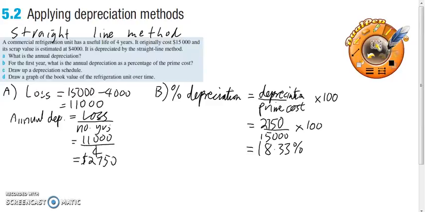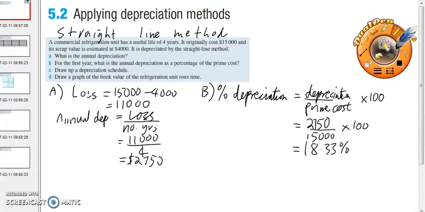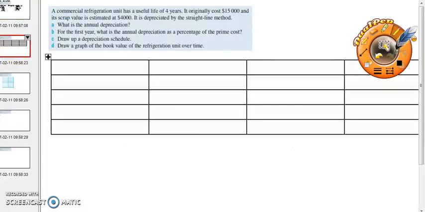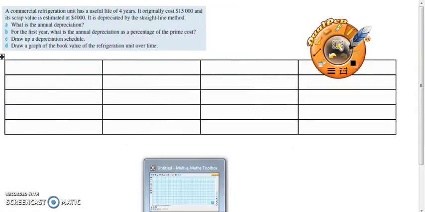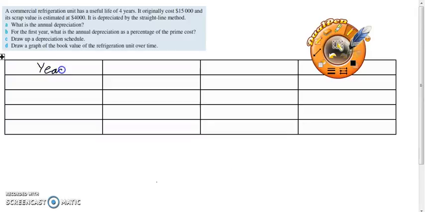Now, the big thing you've got to be comfortable doing is what we're going to have a look at next, and that's creating one of these, which is a depreciation schedule. Now, it's always going to have year at the start, and the number of rows you have is the number of years of life that the object has.